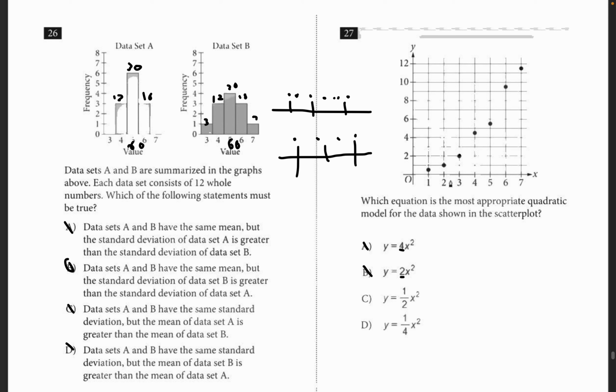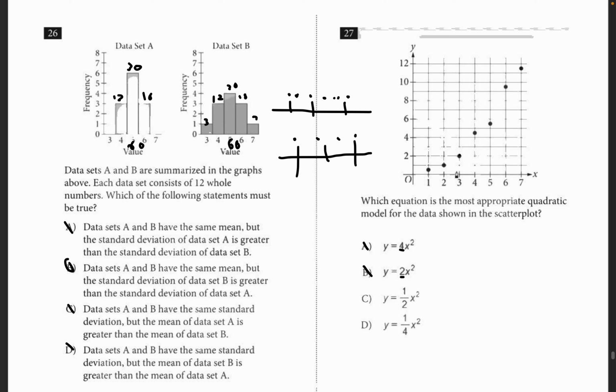Let me see. Plug in another point. If it was between 1/2 and 1/4, what if we were to do this? 1/2 x. I don't have x squared. I'm just trying many ways you could do this.